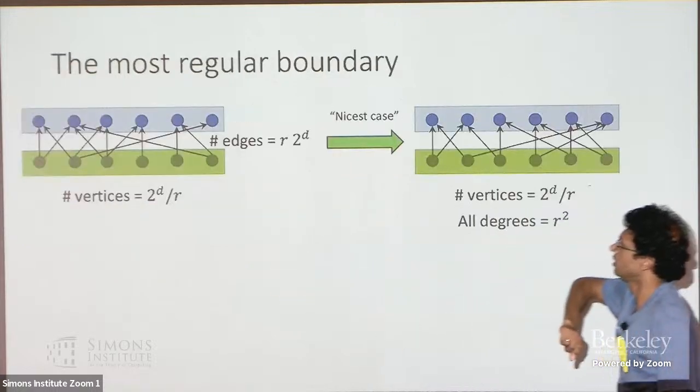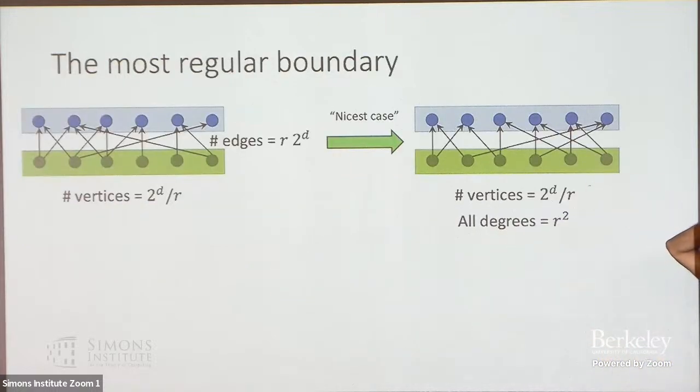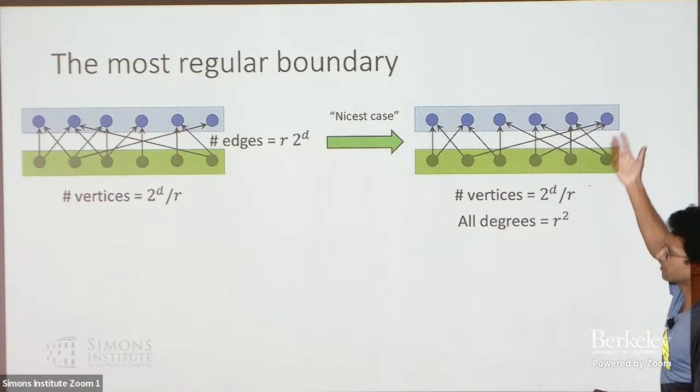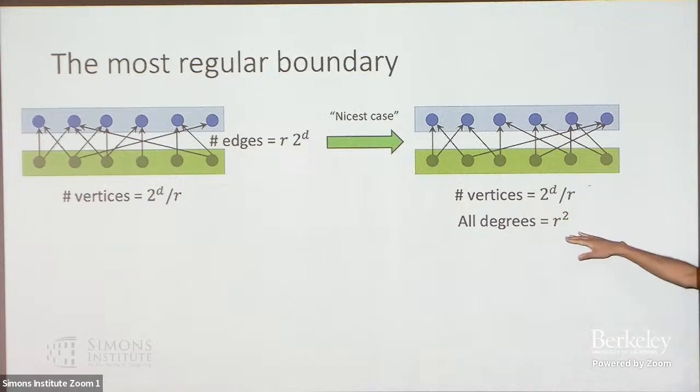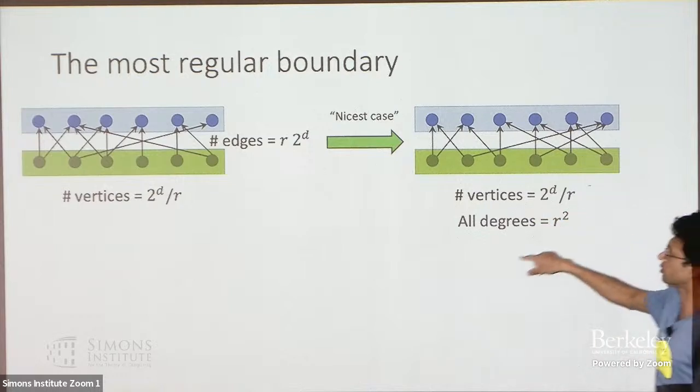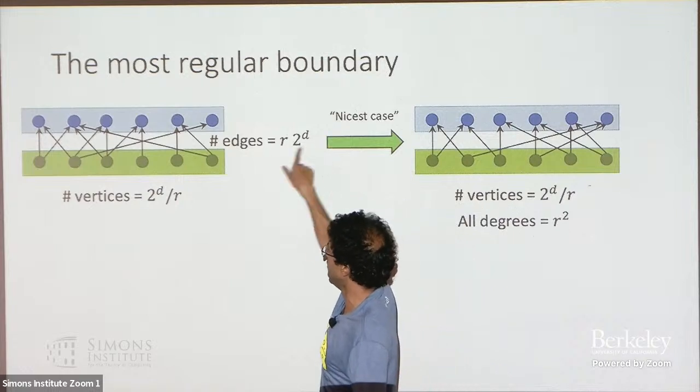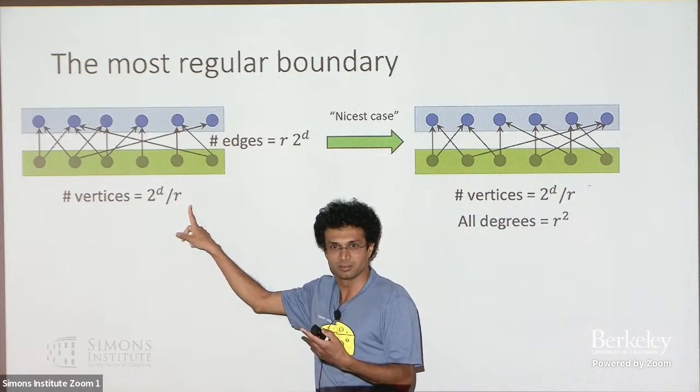Now, suppose this was a regular graph at the boundary. There's absolutely no reason why that should happen. But suppose it was. Then what is it going to look like? There exists some r so that the number of vertices is 2 to the d divided by r, and all the degrees are r squared. Why r squared? Because you're dividing r times 2 to the d by this, so you get r squared.